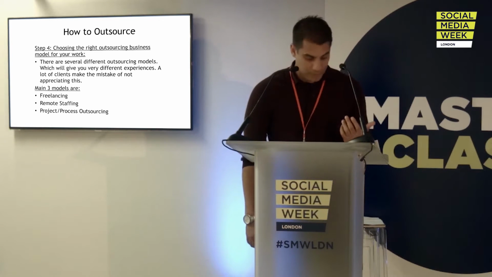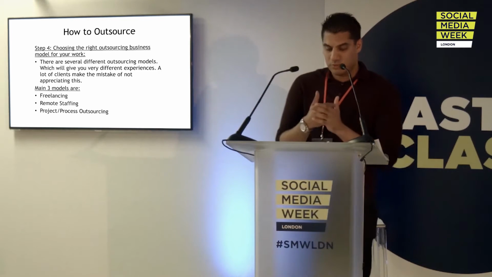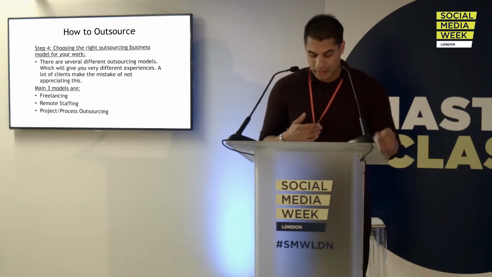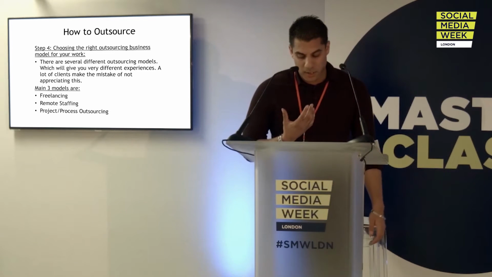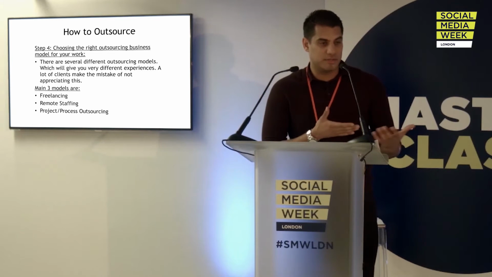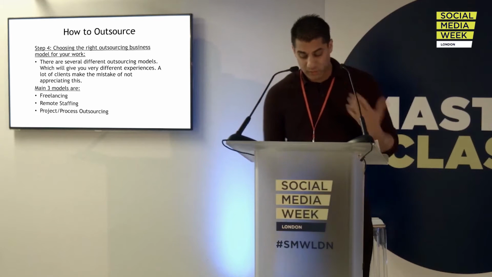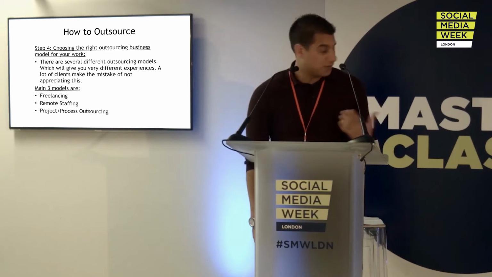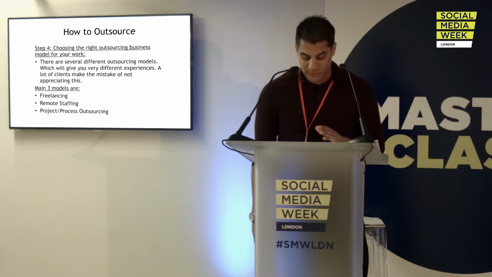So now that you have your checklist from step 3, or your list of requirements of your work, what you now want to do is match it up with all the different models and look at which model best aligns with the needs and requirements of your work. There are 3 main models. The first is freelancing, the second is remote staffing, and the third is project or process outsourcing.